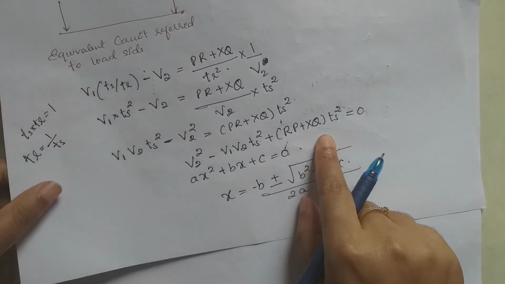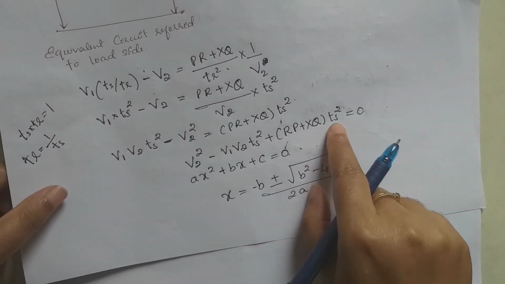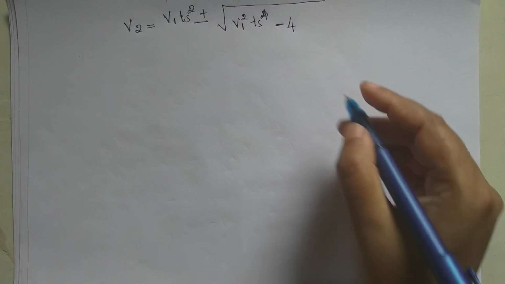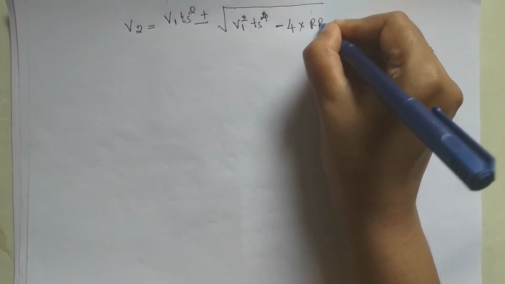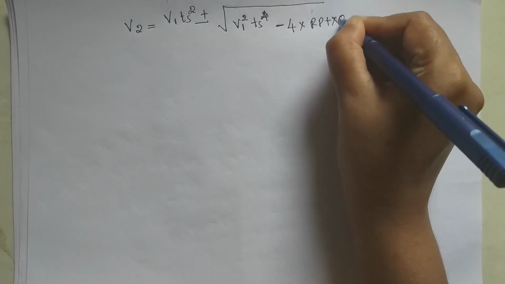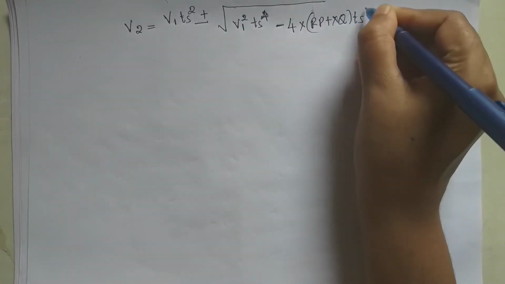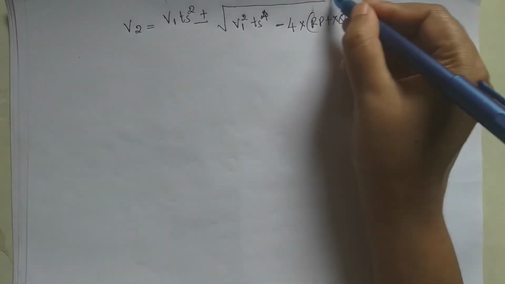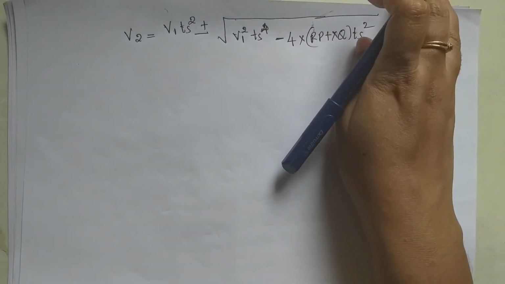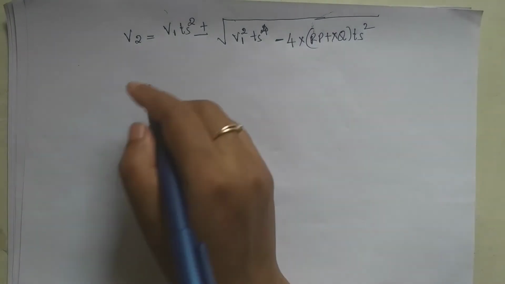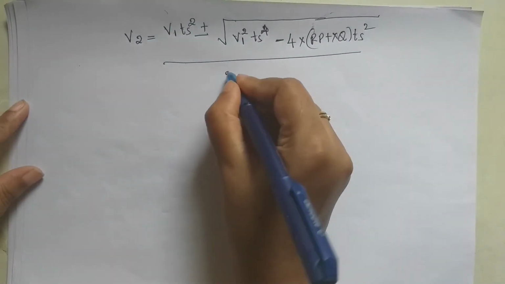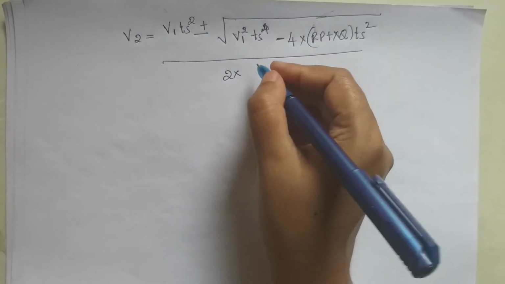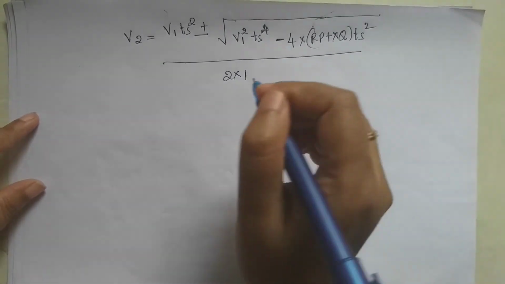C is (RP plus XQ) into Ts square. So it becomes 4 into 1 into (RP plus XQ) Ts square, whole divided by 2A. A is 1, so the whole divided by 2.